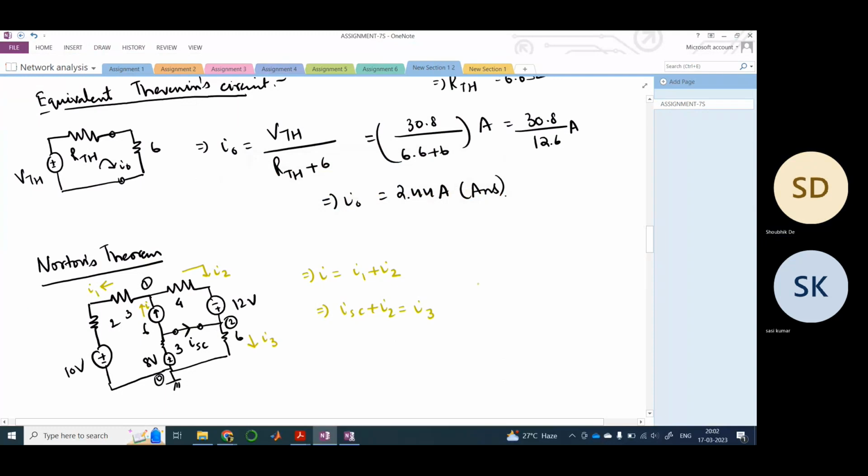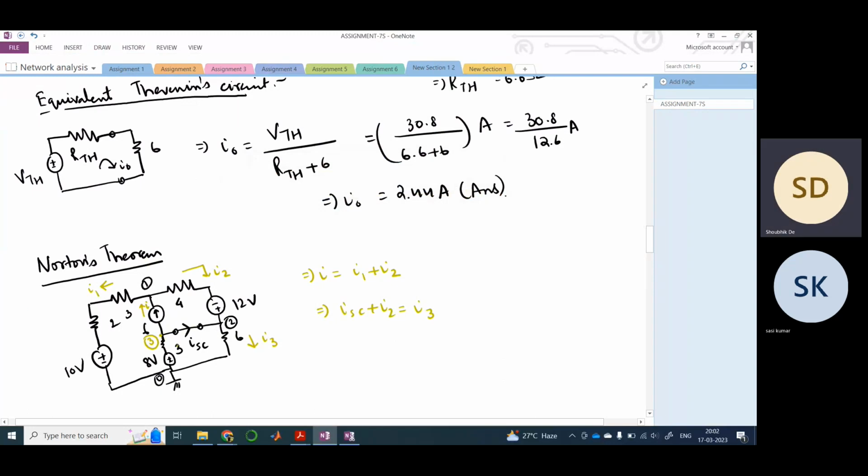Your I1 you know, right? I1 would be 6 ampere. Here also there is another node. This is your third node, right? So these three nodes you need to consider, and then you need to find out what is ISC.